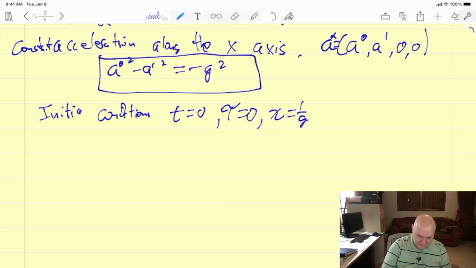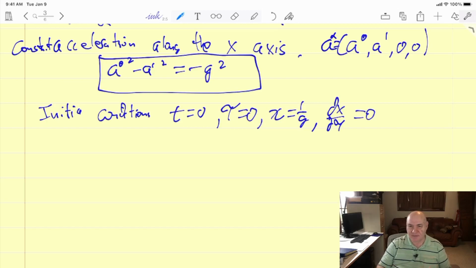We'll see how that works out later. And dx d tau is equal to 0. So at time t equals 0, it's at rest in our coordinate system at coordinate 1 over g, and then it starts accelerating uniformly. Those are our initial conditions.